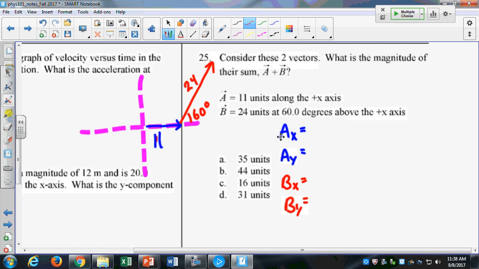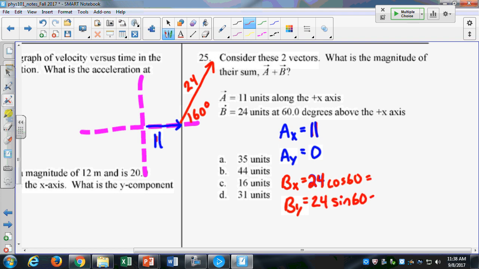All right. First step, find the x and y components. A is easy, right? AX is 11, AY is 0. BX is going to be 24 cosine of 60 and 24 sine of 60.